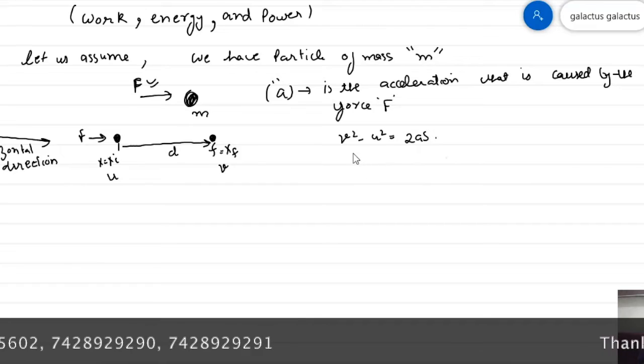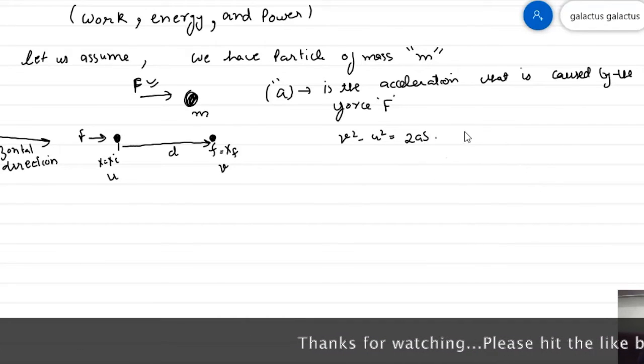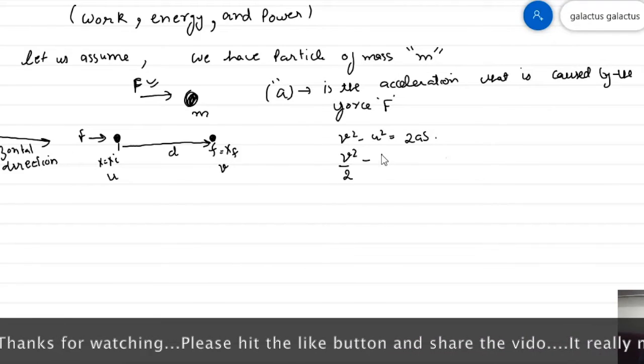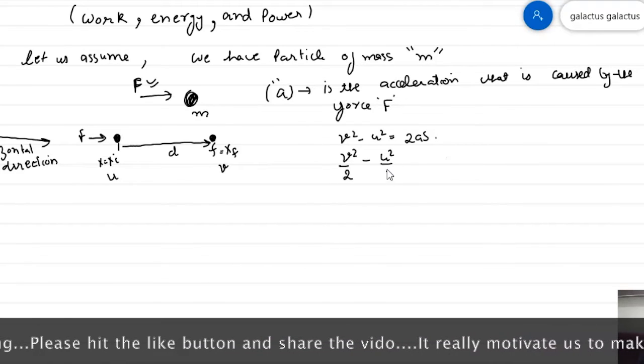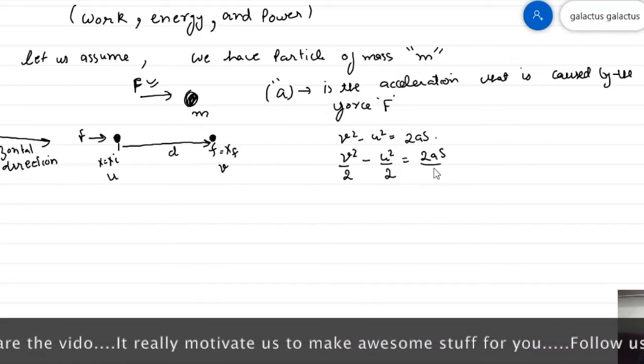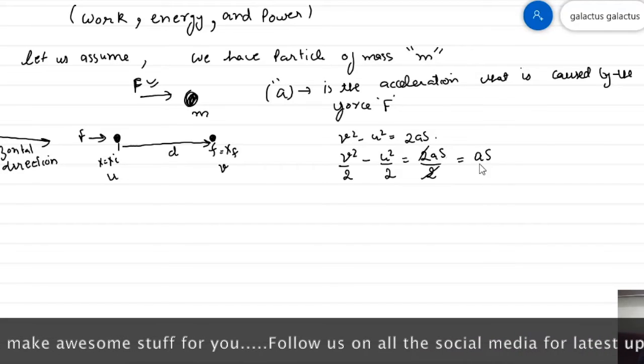If I divide by 2 on both sides of this kinematic equation, I'll get v square by 2 minus u square by 2 is equal to 2as by 2. The 2 will cancel out, and this is a.